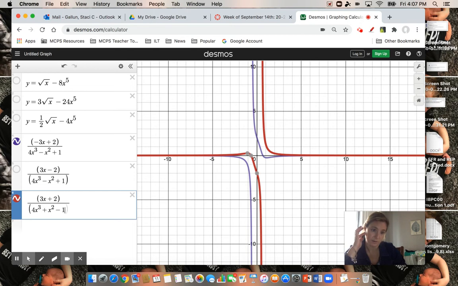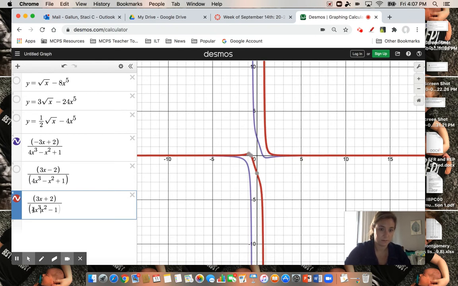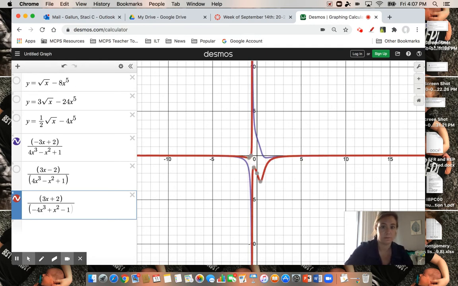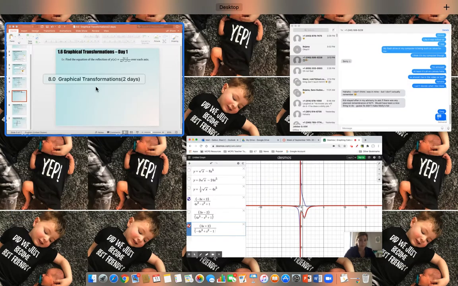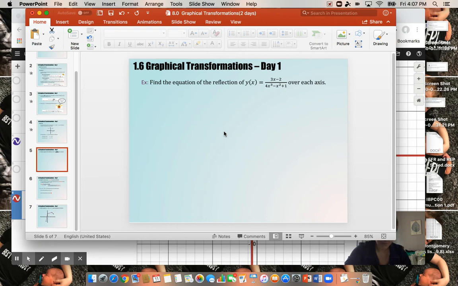Which one did I start with? Was this supposed to be a negative? No. No, guys. Was this negative? Oh no. I don't remember now. Which one were we doing? We were doing reflecting it over.